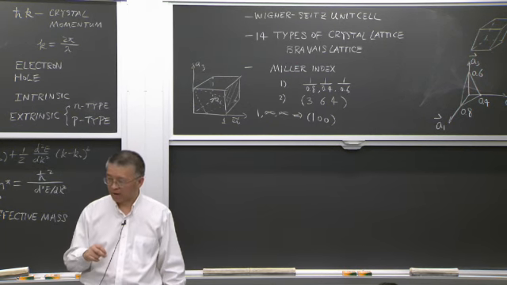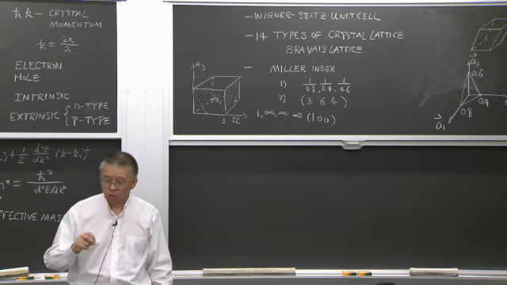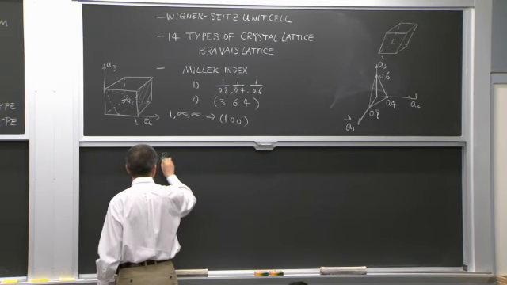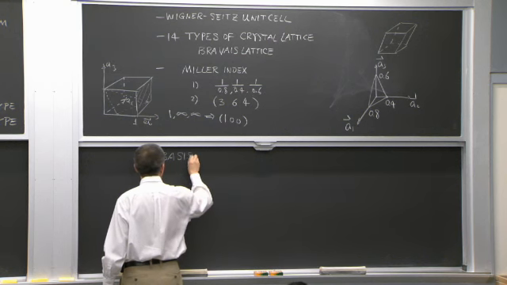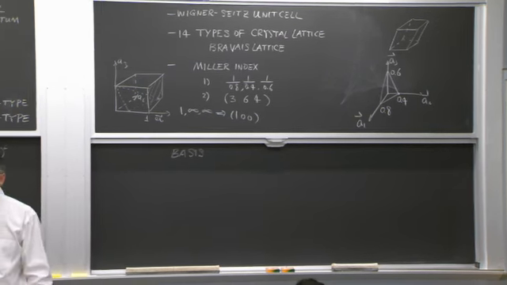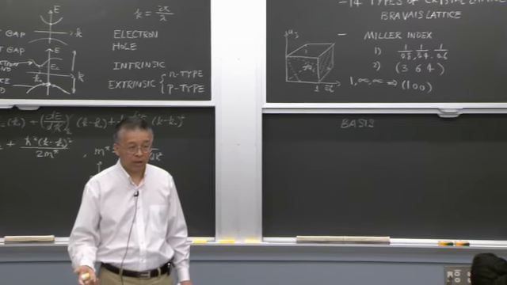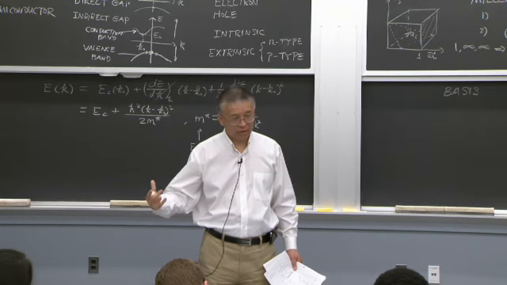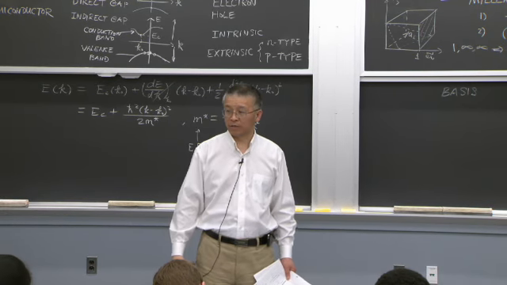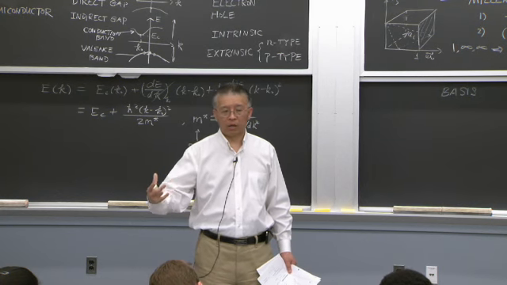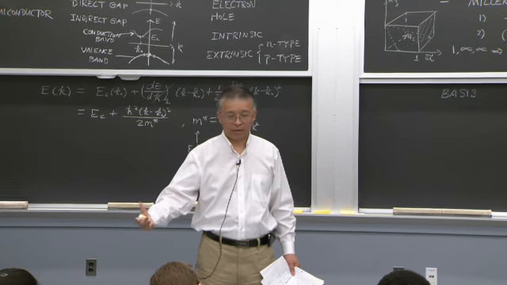What you put at each lattice point is a basis. You can put a single atom at each lattice point, you can put 2 atoms at each lattice point, or put a molecule at each lattice point. So salt is a common example.